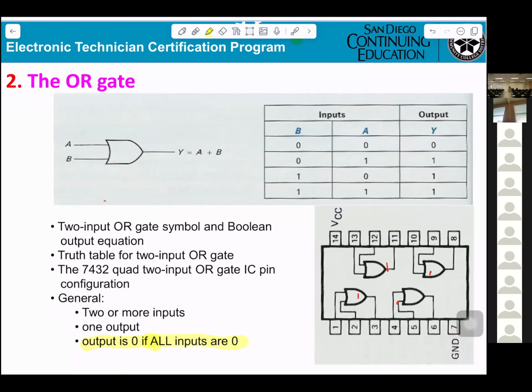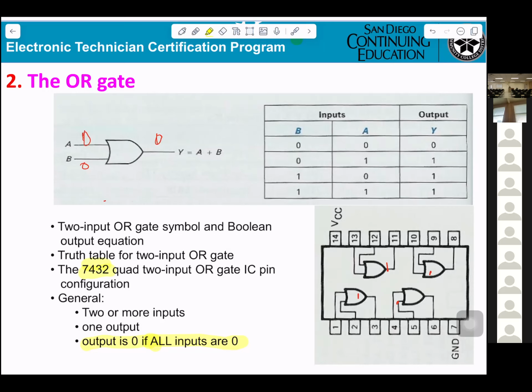Output is 0 only when all inputs are equal to 0. Okay? That means if you get a 1 here, you get a 0, no matter what, I know the output must be 1. The thing is 1 plus 0 or 0, they're 1. The only thing is you get a 0 and 0, then you get 0. Okay? And the part number is 7432.